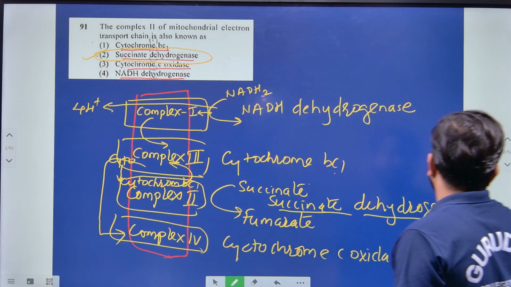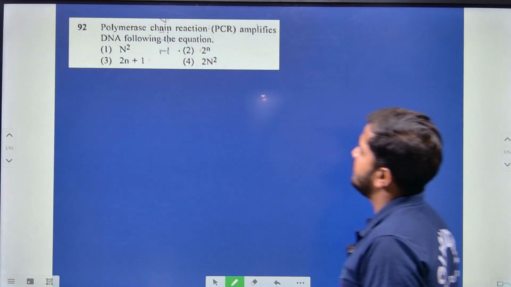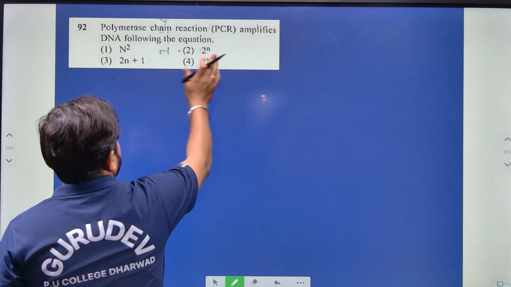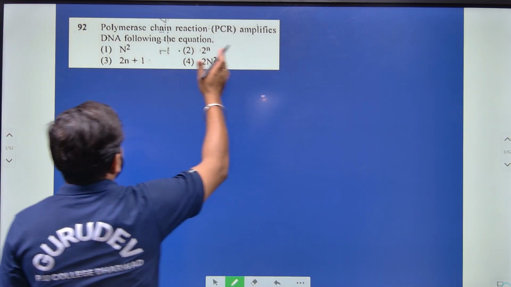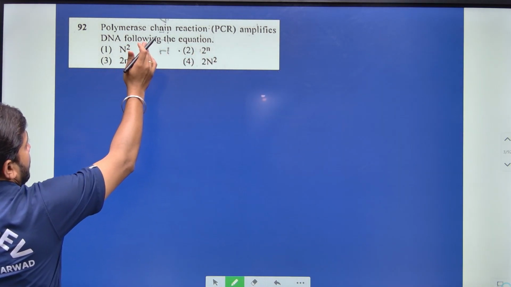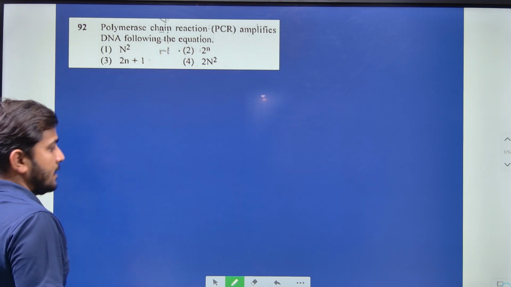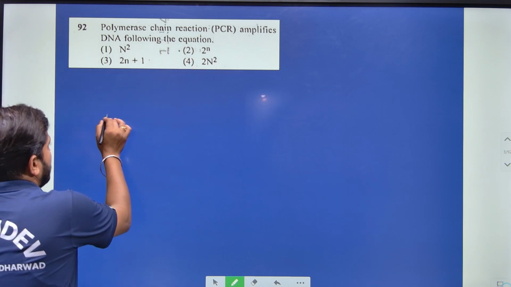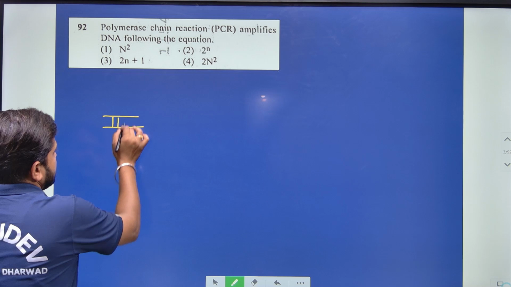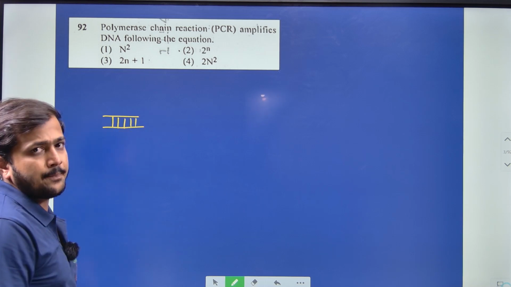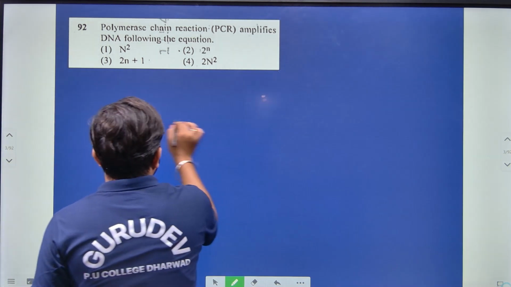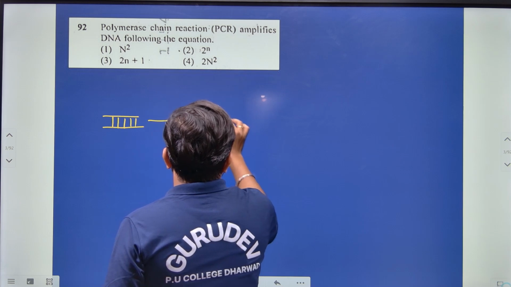Then moving on to the next question: polymerase chain reaction, that is PCR, amplifies the DNA with the following equation. Now what we know is, consider I have a small amount of DNA, then I'll go ahead with the amplification of this DNA.